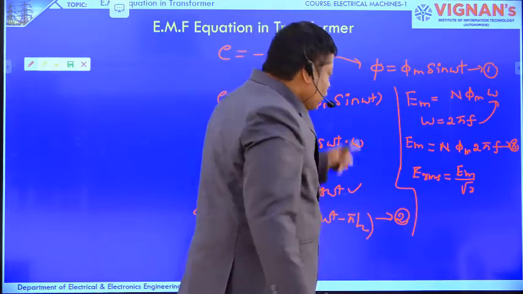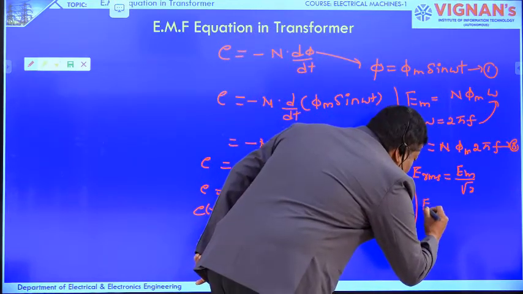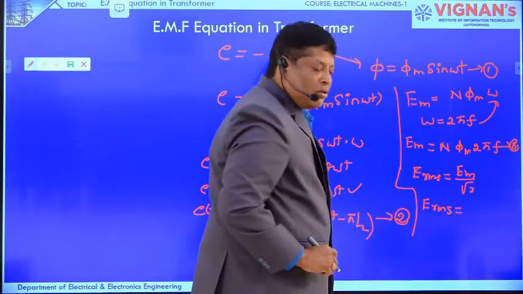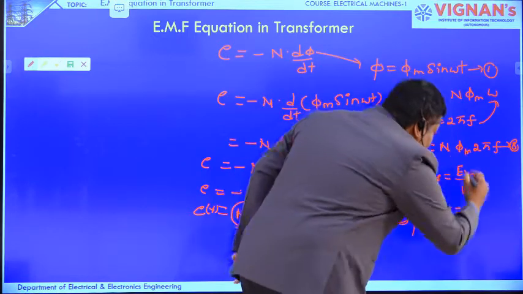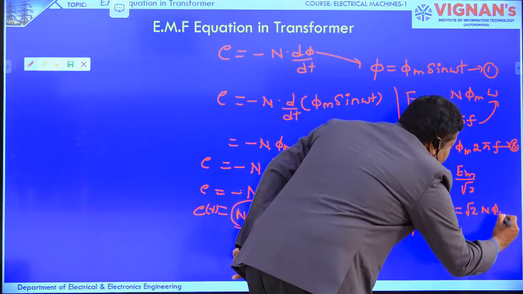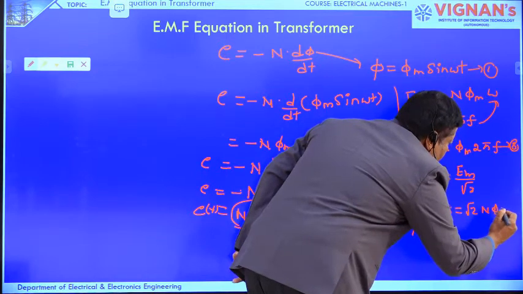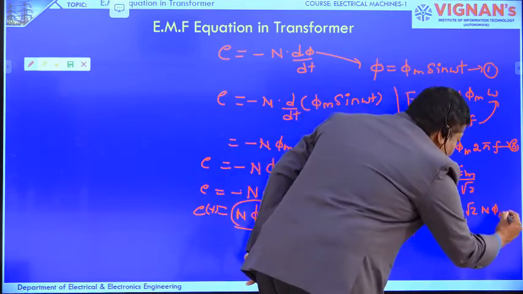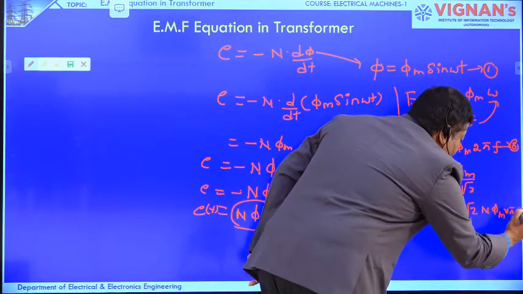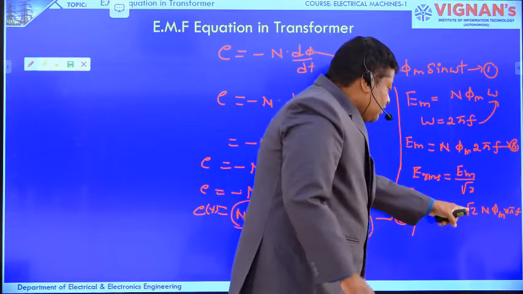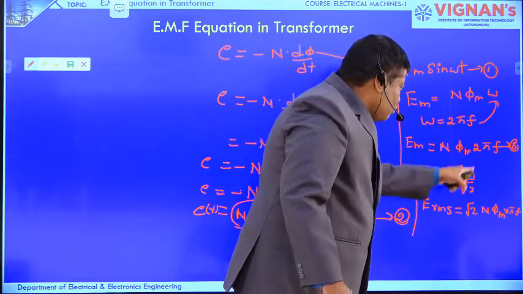Substituting, we get root 2 into N into φm into pi into F, divided by root 2.